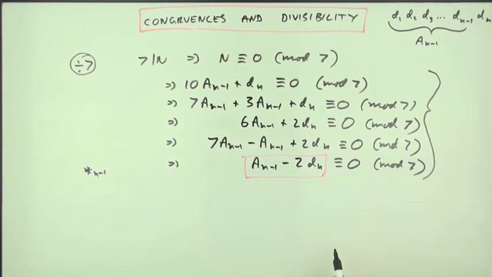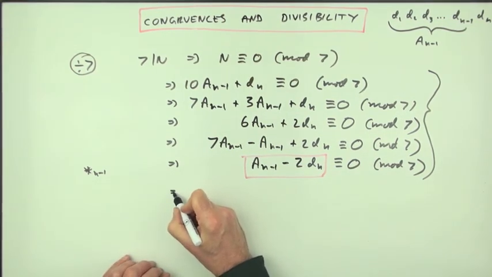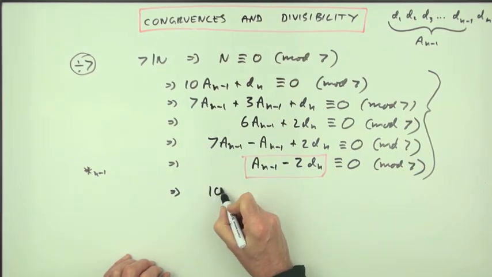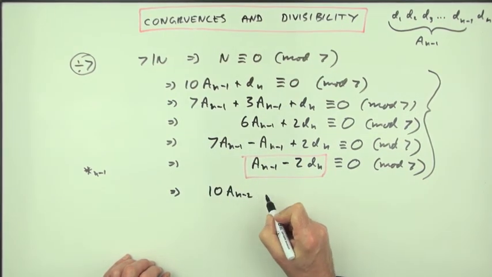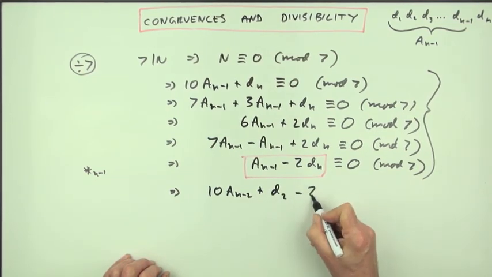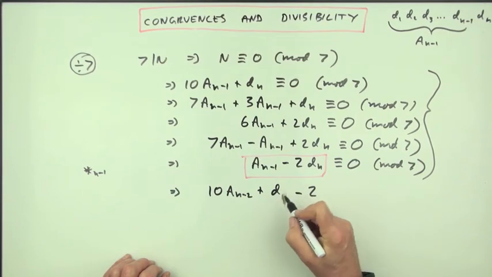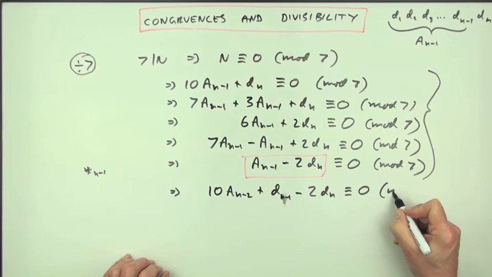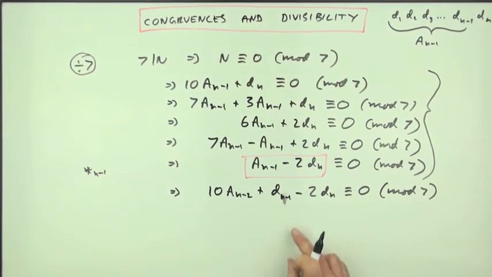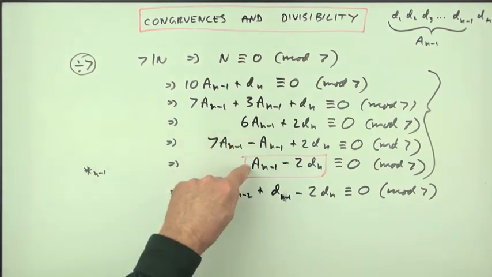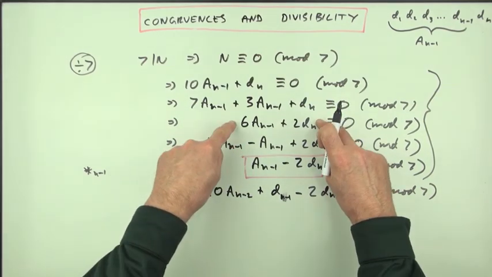If we continue with this, it's going to go into a mess. I'll go through it quickly. So that means, splitting that up again, I've got 10 a to the n minus 2 plus d2 minus n minus 1 plus 2dn should be congruent to 0 modulo 7. Now that line can get repeated here, but notice there was a doubling involved.